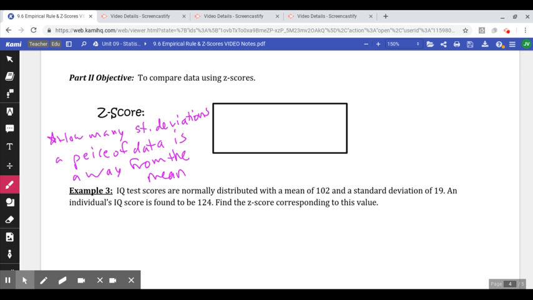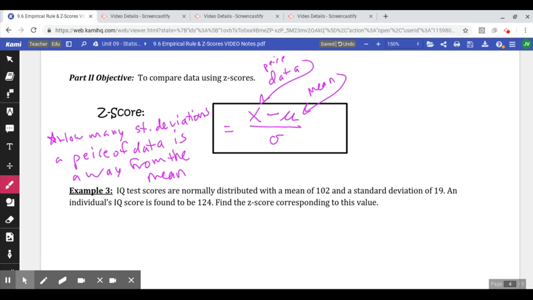There's a formula that you can use to figure this out. What we're going to do here is take x minus x bar, all over the standard deviation. Another way of writing x bar, which is the sample mean: the population mean would be the Greek letter mu, so you could write it like this as well, where x is the piece of data, and the little u-looking thing there, mu, is the mean.